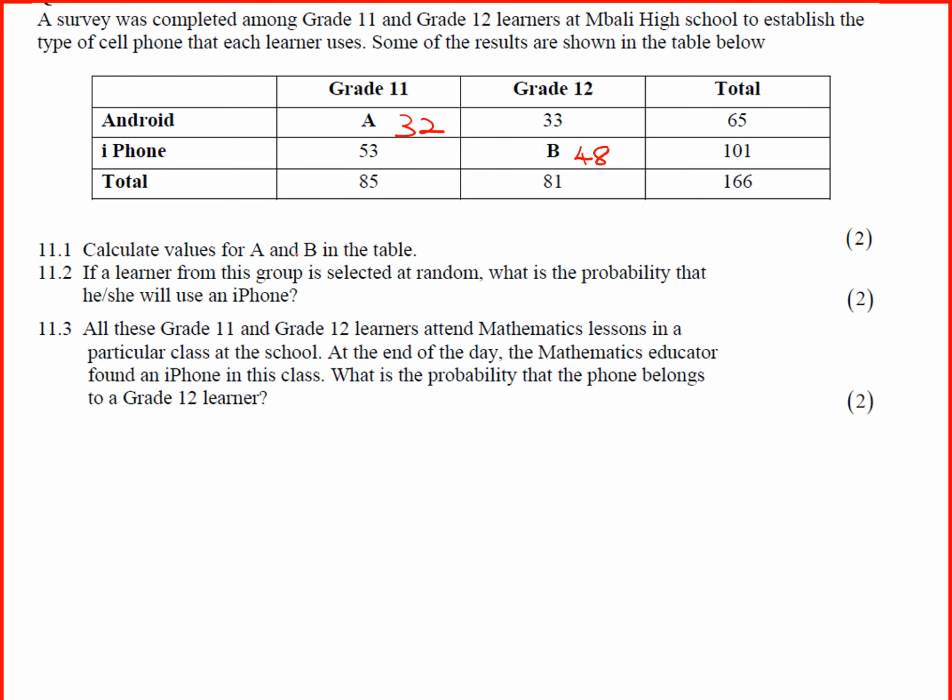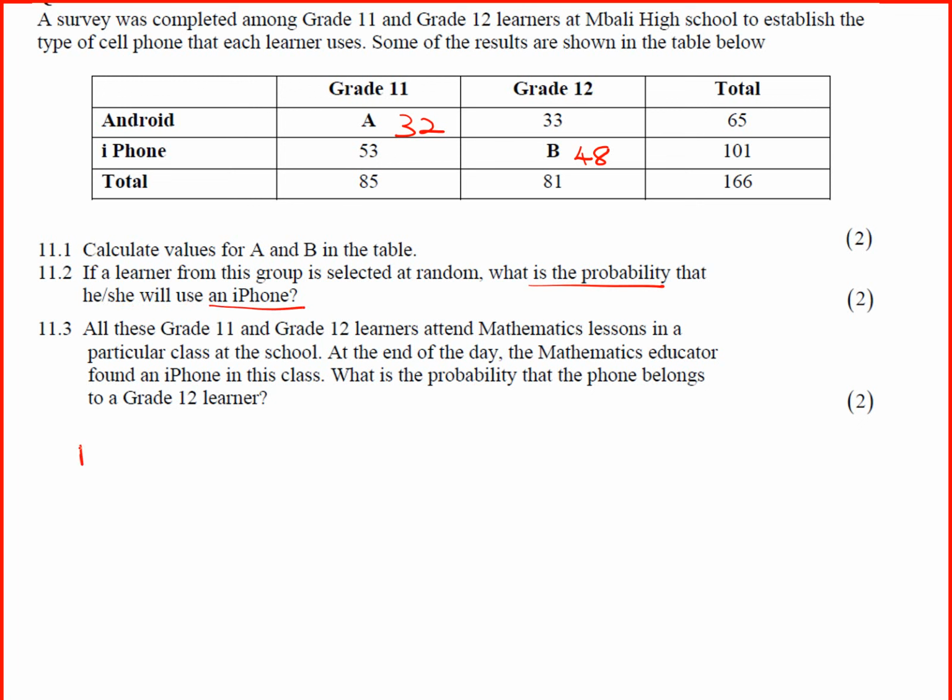11.1, calculate the values of A and B in the table, which we found A was 32, B was 48. If a learner from this group is selected at random, what is the probability that he or she will use an iPhone?